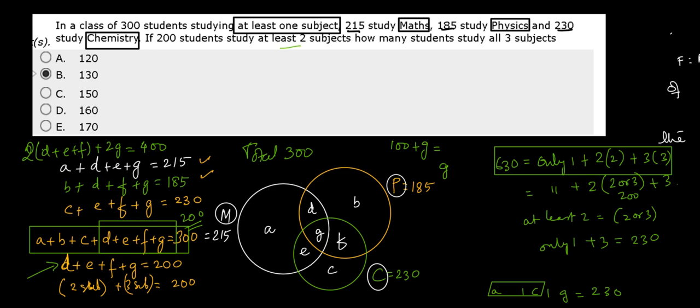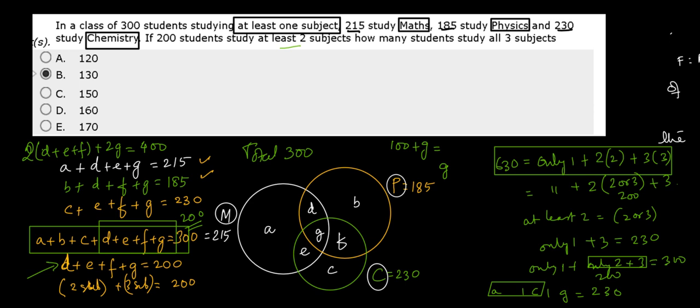The total means that only 1 plus only 2 plus all 3 is equal to the total of all of this, the universal set, which is 300. So only 1 plus only 2 means 200, right? Sorry, only 2 plus 3. This is 200.